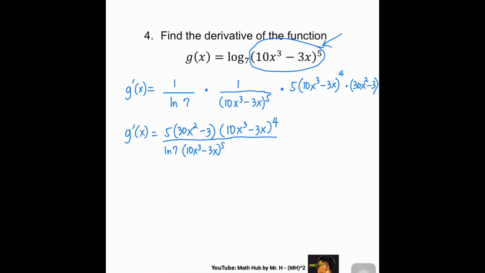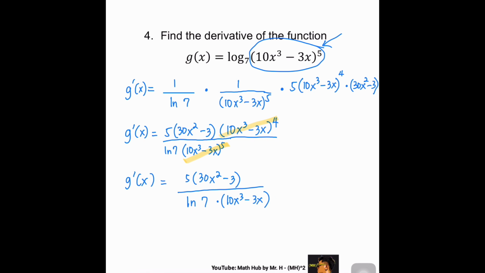And then from here you can see that we can do something about this too. So we can perform division. We're going to have g prime of x equals 5 times 30x squared minus 3 divided by ln of 7 times 10x cubed minus 3x. And that is actually the answer in factored form.